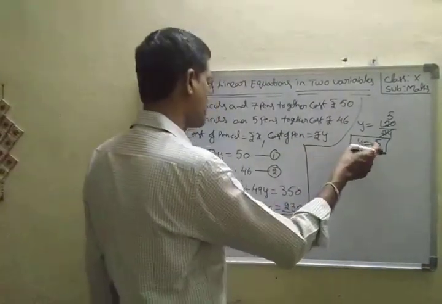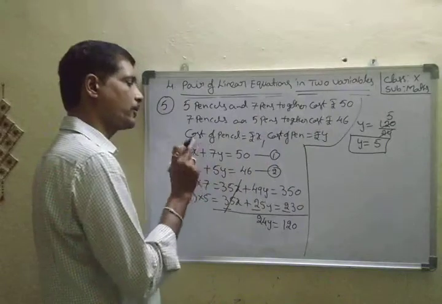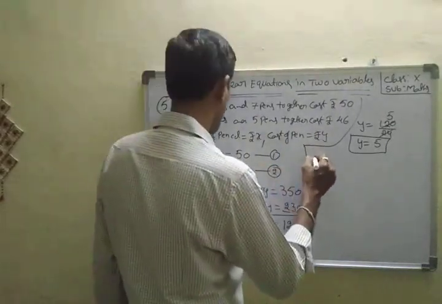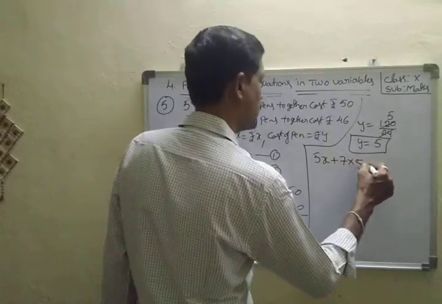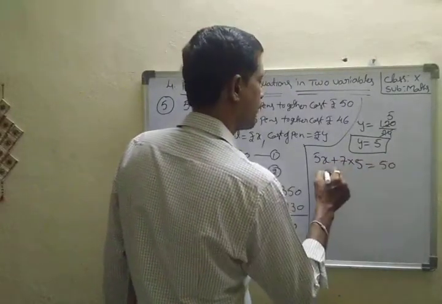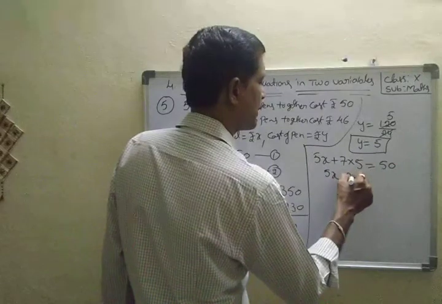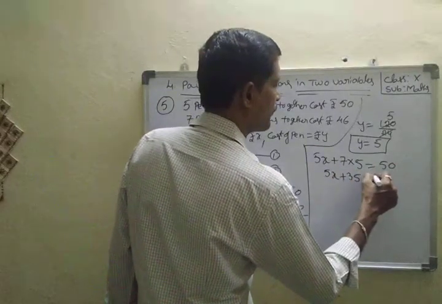Next, substitute this value in equation 1 or equation 2, any one. Therefore 5x + 7 into 5 = 50. Therefore 5x + 35 = 50.